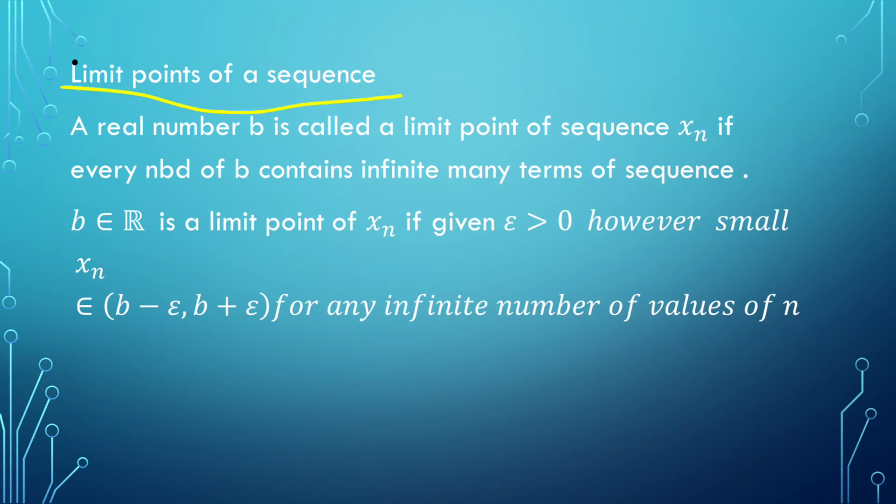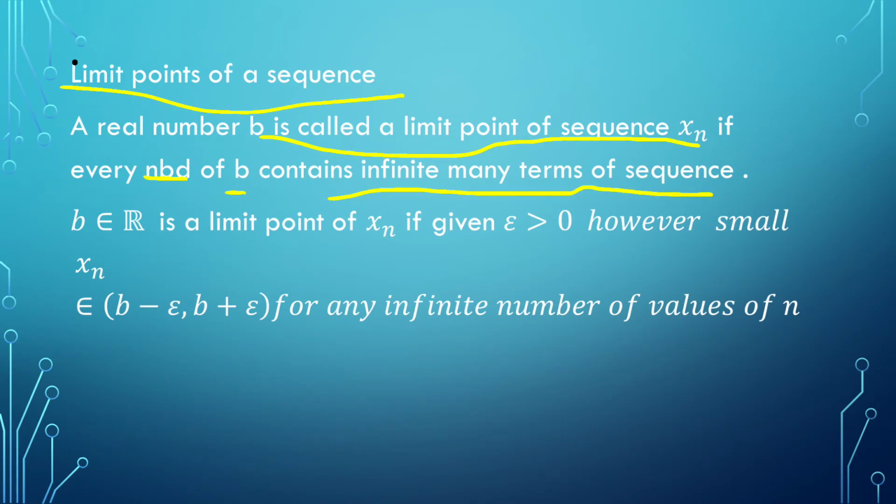Let's look at another point, which is called a limit point of a sequence. Remember, previously we looked at limit points generally. Now I want to look at a limit point of a sequence. So a real number b is called a limit point of a sequence xn if every neighborhood of b contains an infinite number of terms of the sequence.